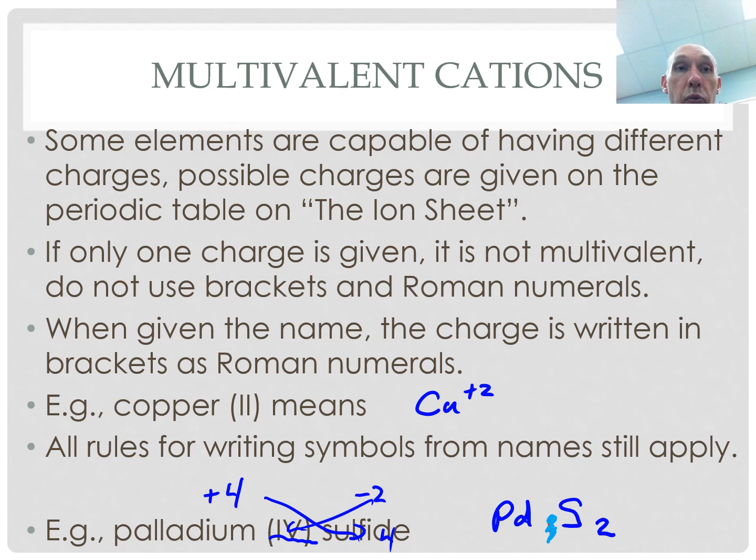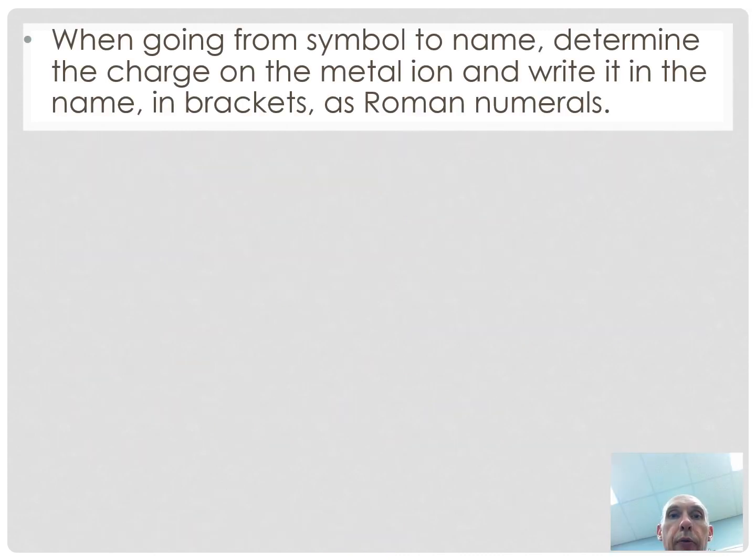So that aspect is really easy because the name gave the charge. We're now going to go the other way. When going from symbol to name, you have to figure out the charge on the metal ion. You have to work out the charge because you have to write it in its name. So here we have CuI. Copper is one of the metals that has 2 different charges on the ion sheet.